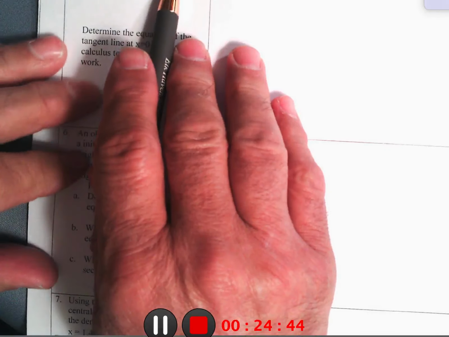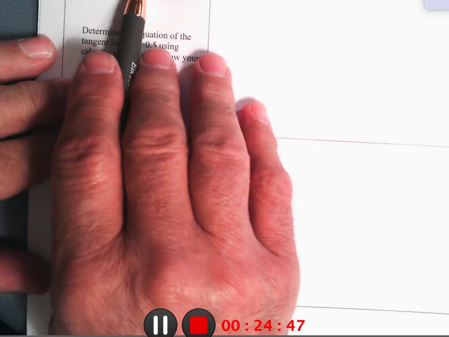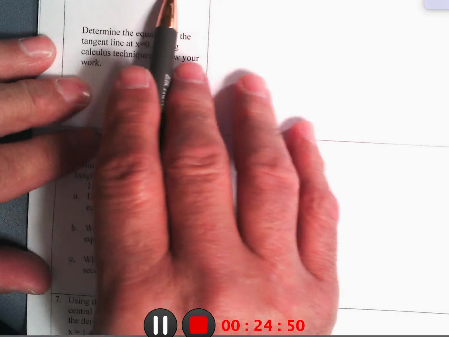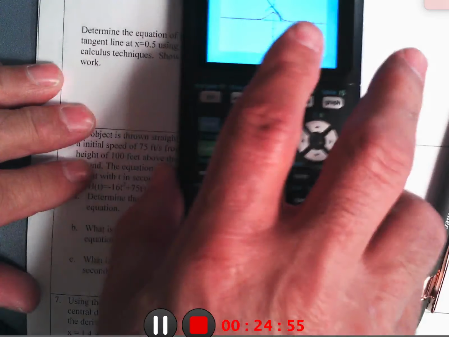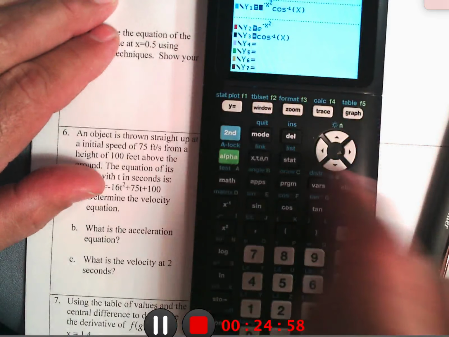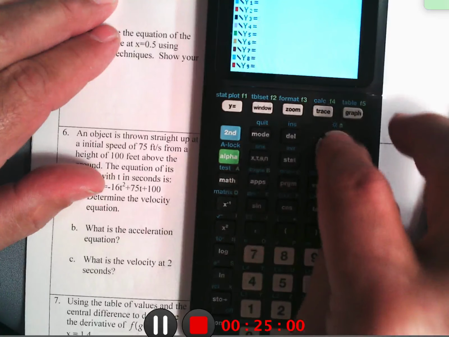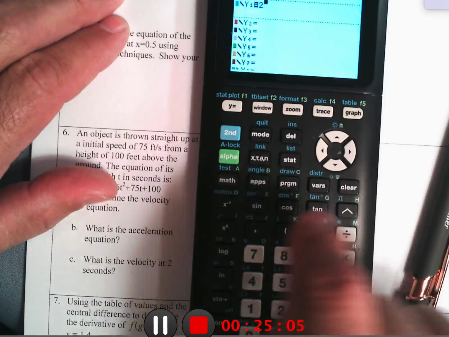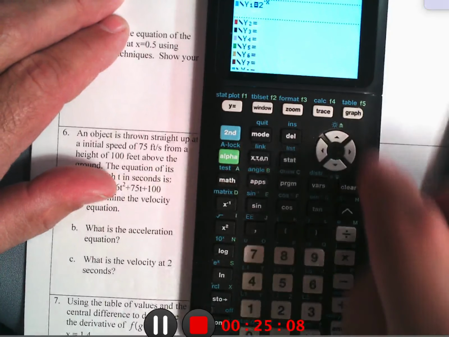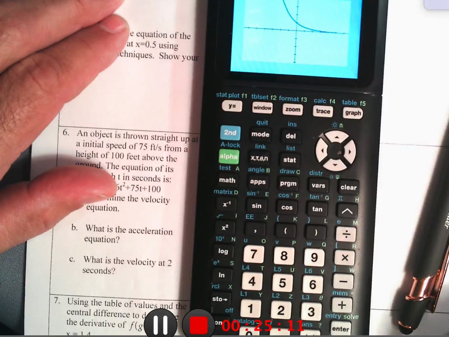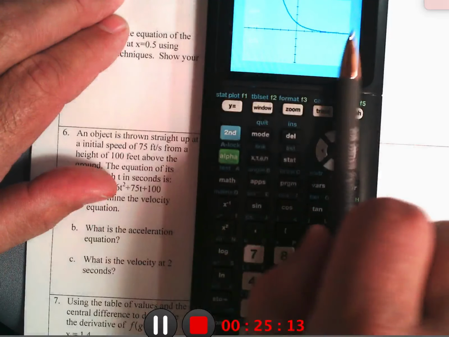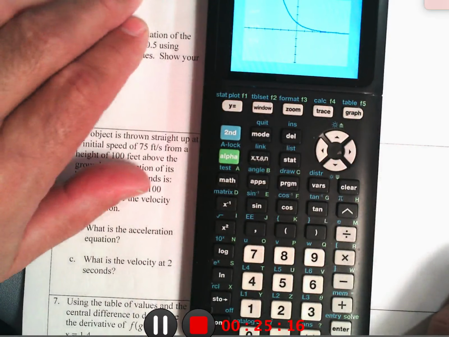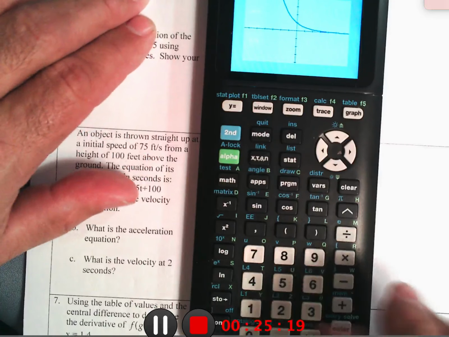Now let's go to this one. Is this differentiable over the interval -1 to 1? Well, let's take a look at those. So go back here and clear, and go to 2 to the negative x graph. So that looks like it exists for all x's negative and positive. So that'll be differentiable. Now let's look at ln x.